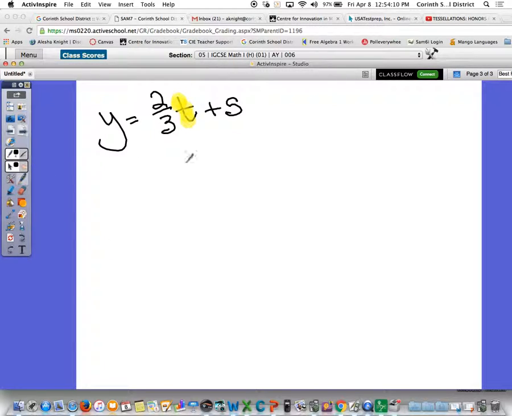Now, you know obviously what to do first. What will I do first? Subtract the S. So that gives me Y minus S equals 2/3 T.